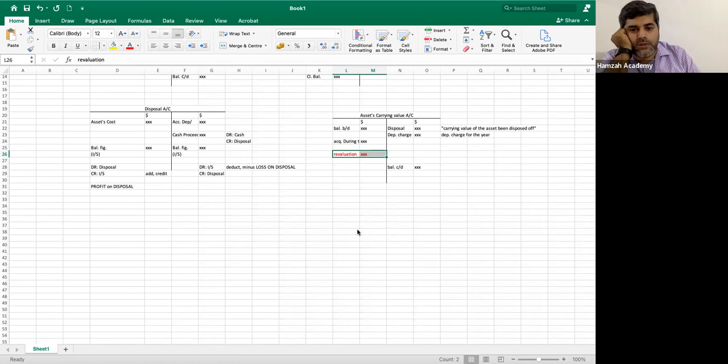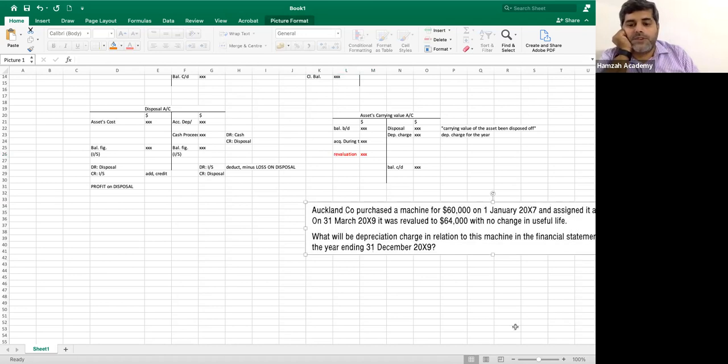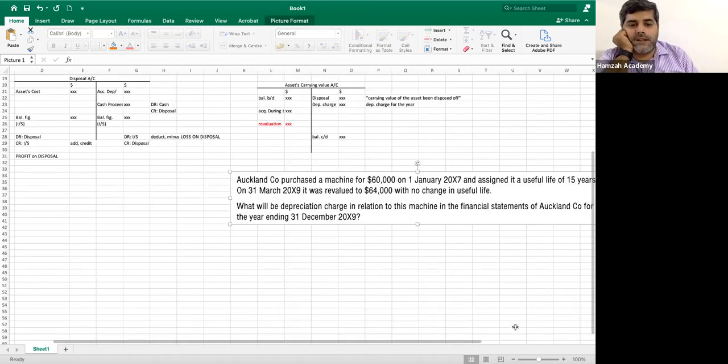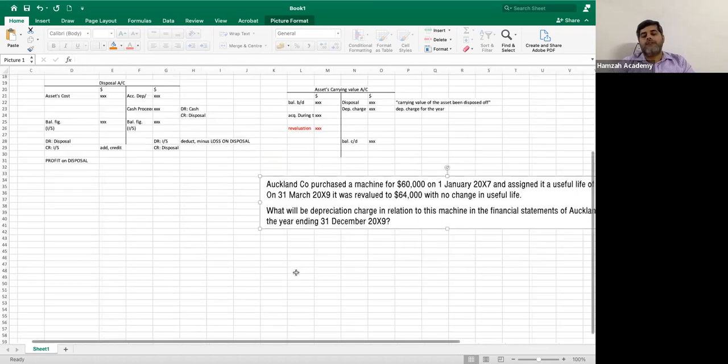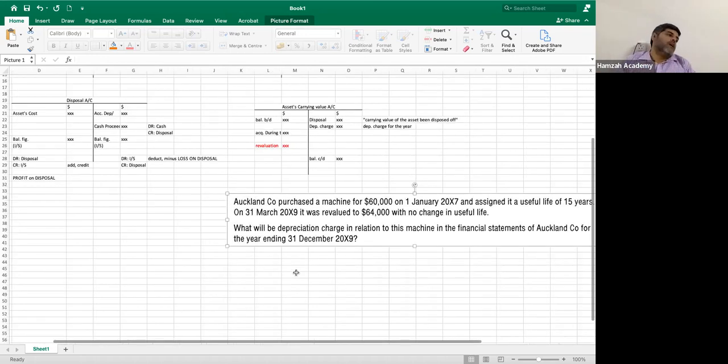Let me copy the question again. So we have the machine on 1st January 20X7, and on 31st March 20X9, the machine is revalued to 64,000. So now we have to calculate the depreciation charge.